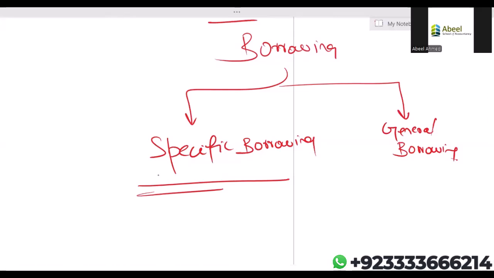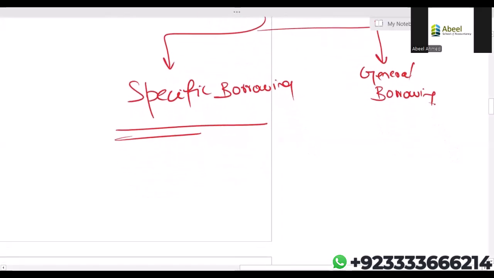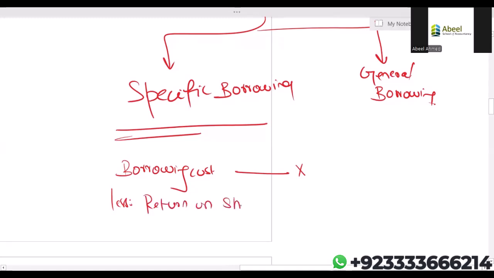In case of a specific borrowing, how do we calculate actually borrowing cost capitalized? You will take the borrowing cost. Logically, from that borrowing cost, I will deduct a return on short-term investment.